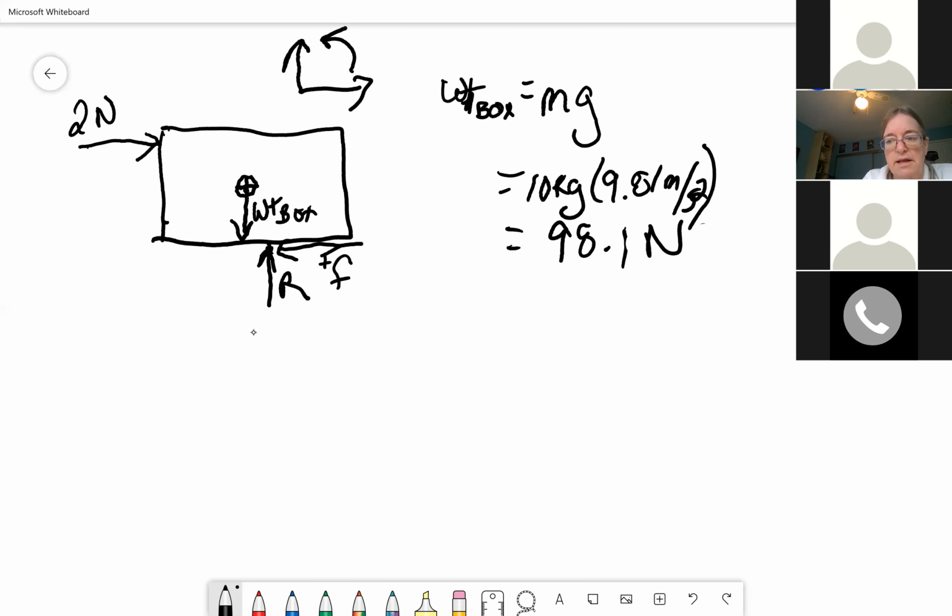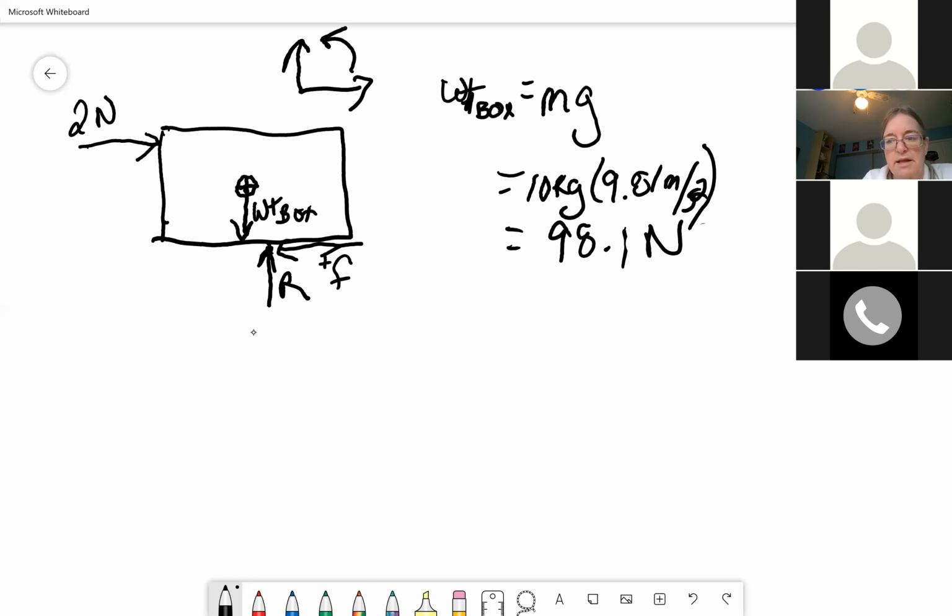And the key word in this question is that the 10 kilogram block sits motionless. So when it's just sitting there, even though you're pushing on it, it's not moving, right? That's right. So this means the acceleration is 0, which means the sum of forces is 0, both in the X and Y direction. You don't see the table because we've replaced the table with R and the force of friction.